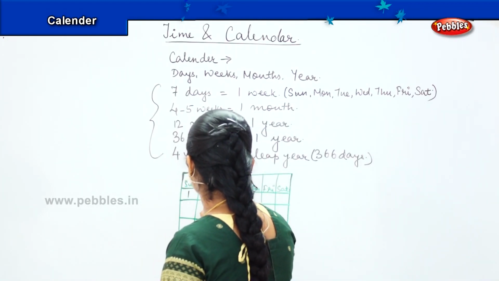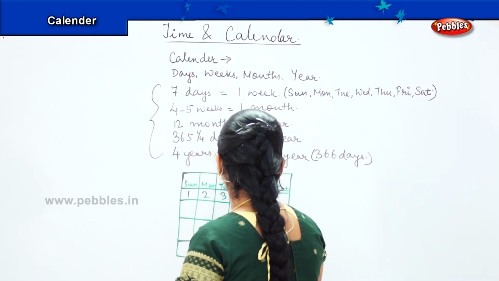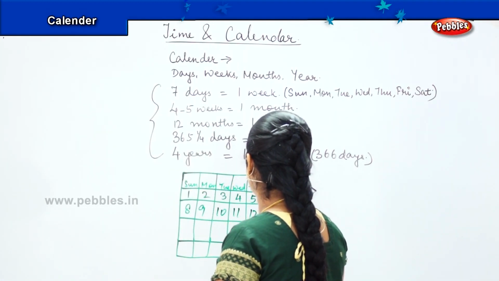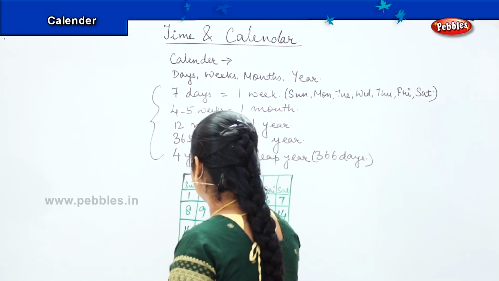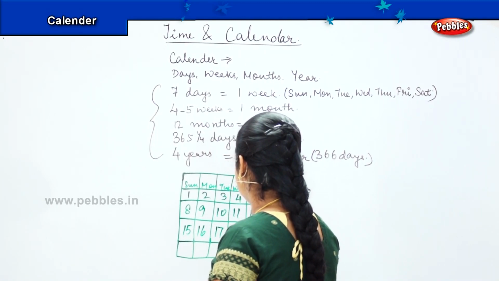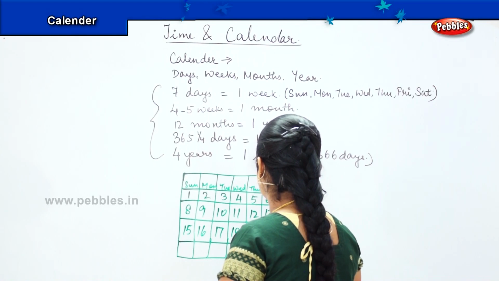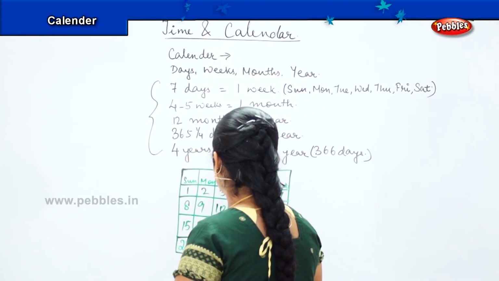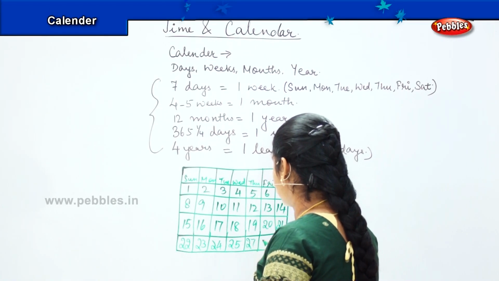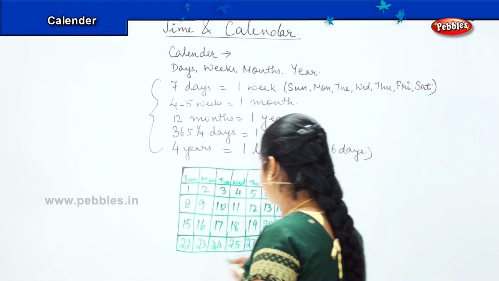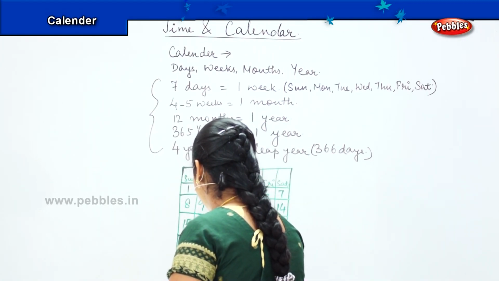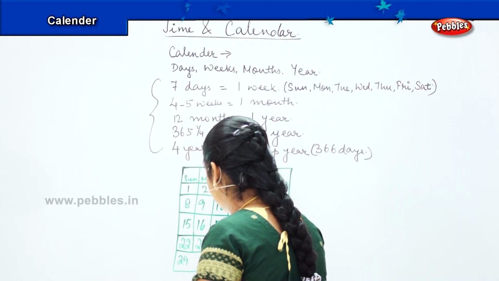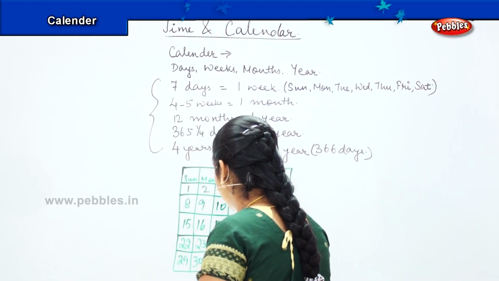Starting from 1, 2, 3, 4, 5, 6, 7, 8, 9, 10, 11, 12, 13, 14, 15, 16, 17, 18, 19, 20, 21, 22, 23, 24, 25, 26, 27, 28, I'll be having 29, 30, and 31.